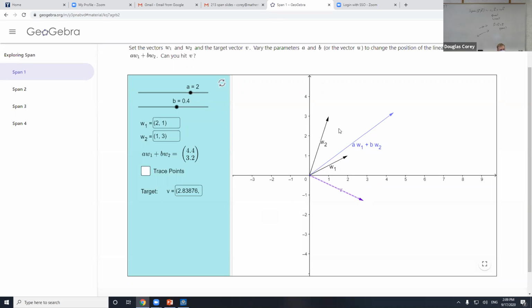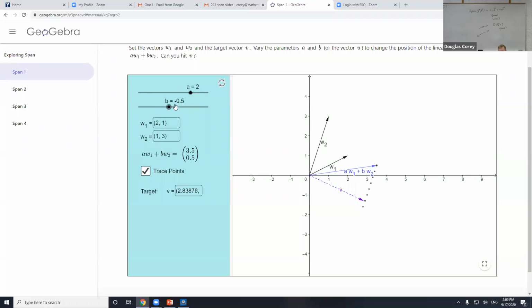So I can, because they are linearly independent. Okay, they're pointing in different directions. So I have two different directions in R2. I can get to anywhere. Oh, well, I was really lucky right there. Okay.